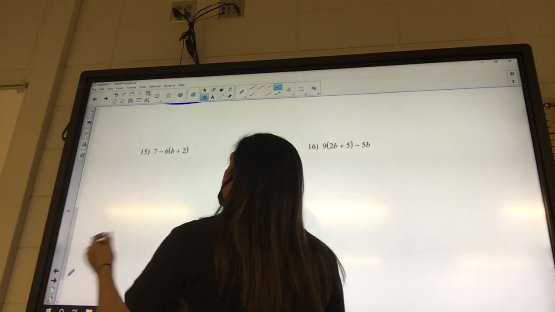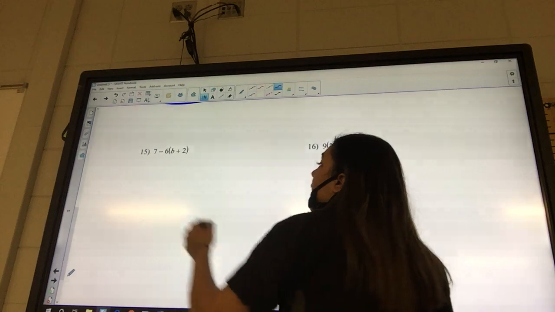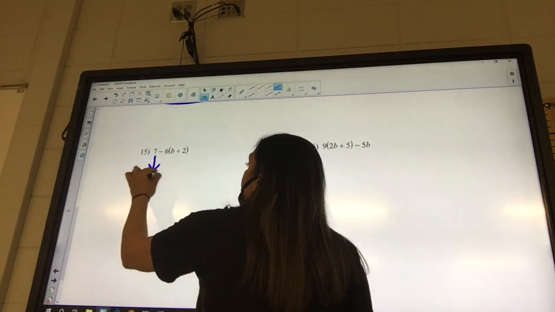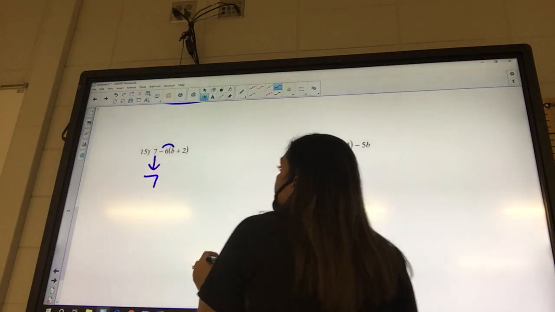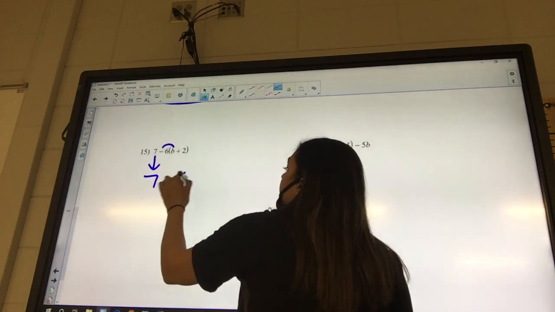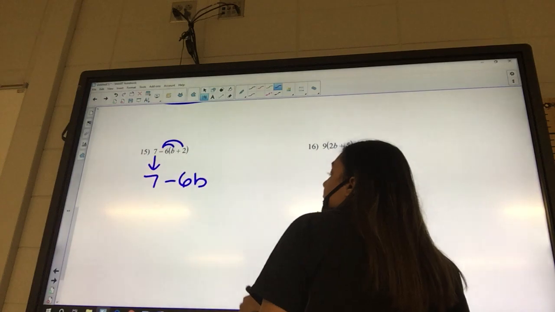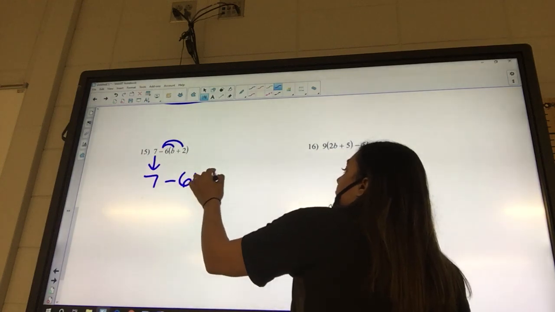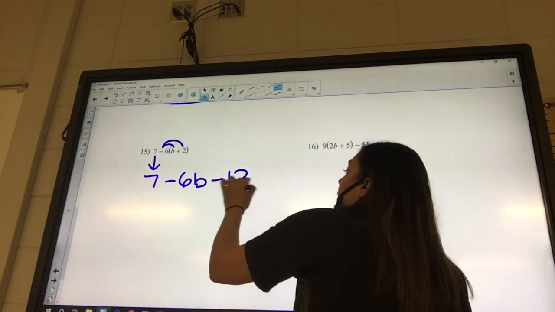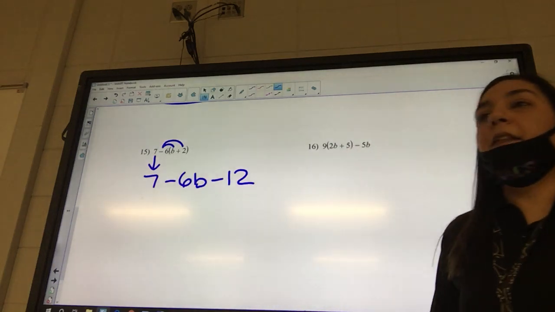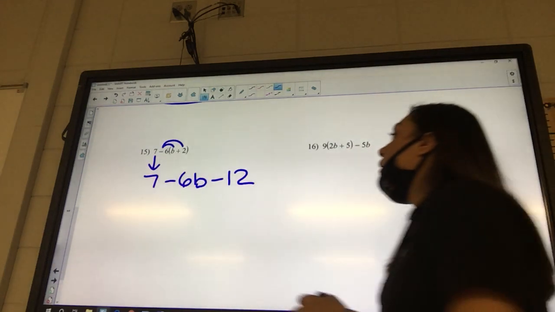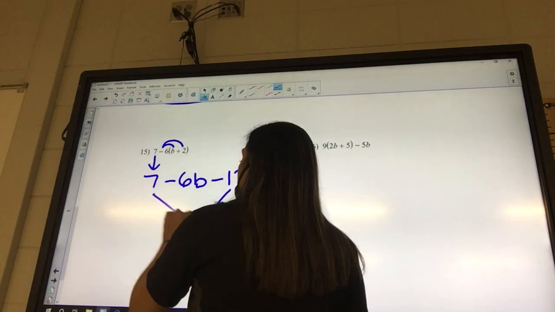Okay, 15, what gets dropped down? The 7. Okay, so drop the 7 down. So you got negative 6 times b. Negative 6 times 2 is negative 12. What gets put together? The negative 12 and 7 to give me what?